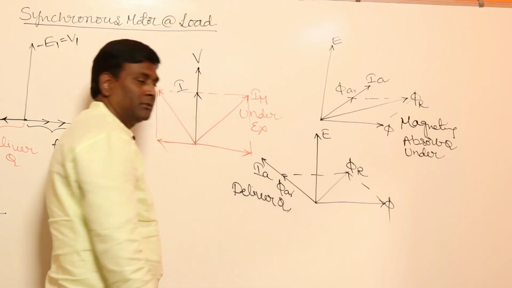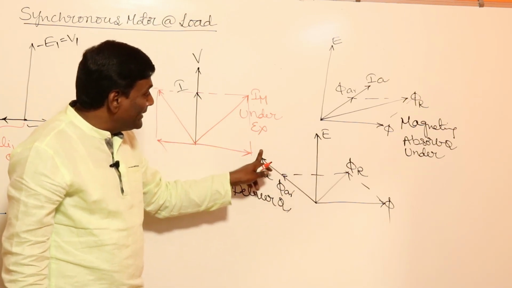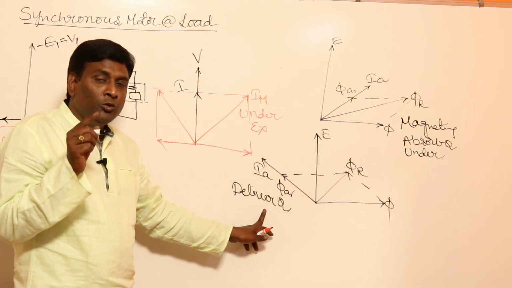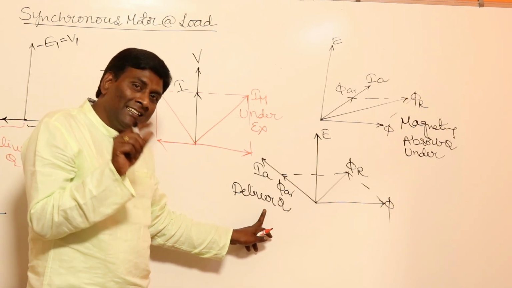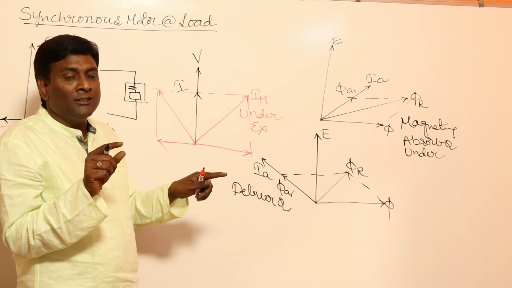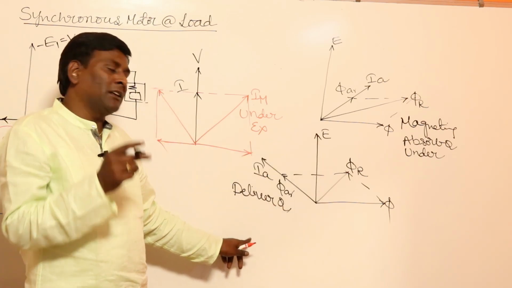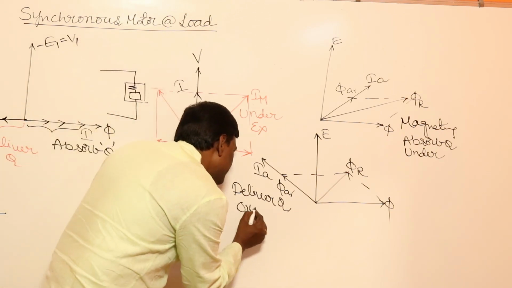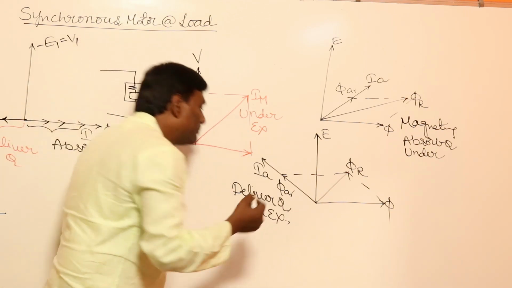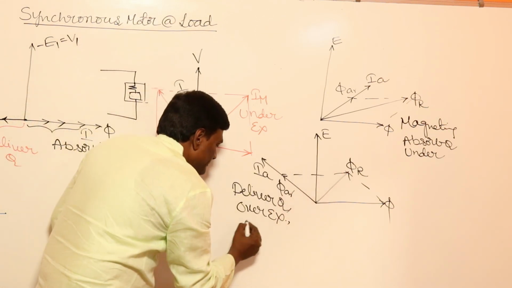Deliver Q. Over excited or under excited? Some component of current is leading, means your field flux required will be there, and through your field winding you produce field flux more than required. That's why it is taking some component of current to kill the flux. Over excited. Magnetizing or demagnetizing armature reaction effects? Demagnetizing.